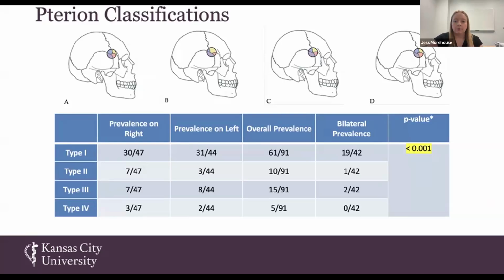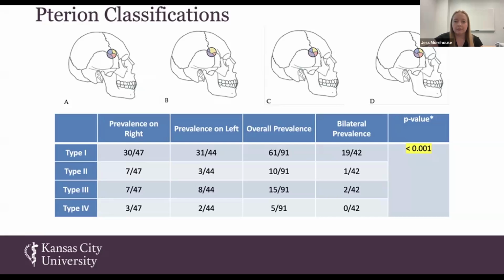While type 1 was the most common, and that was consistent with other studies, these other three types varied from previous studies. Every study that I looked at had very different numbers in prevalence, but there's a lot of factors that can affect that as well. But upon further evaluation of the data, there was no significance between type of pterion and laterality, nor between type and gender.